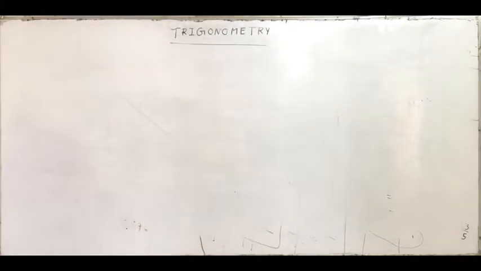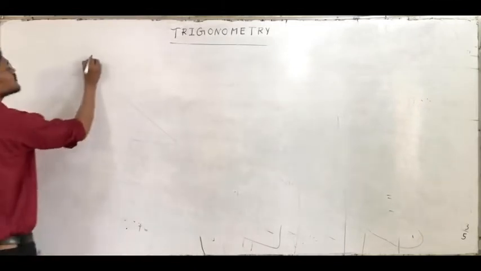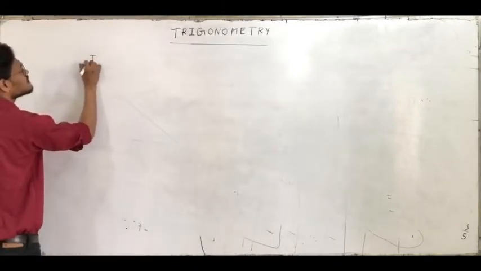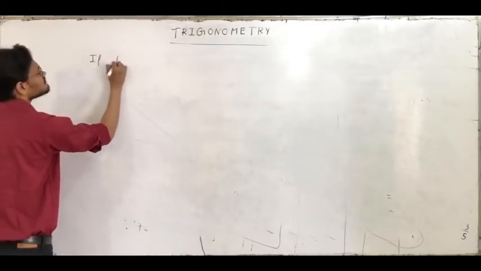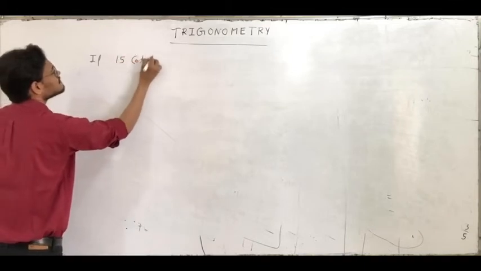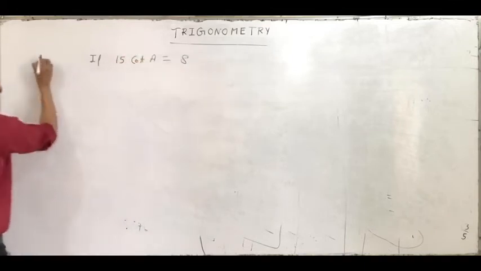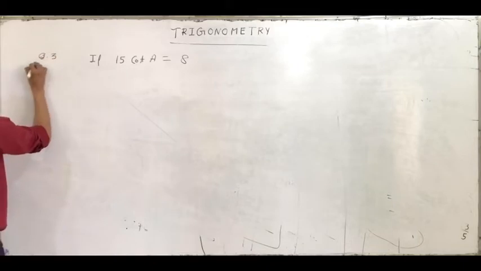Let me take one more question. A question can be asked in this way also. Suppose you are given that 15 cot A is equal to 8. It's your question number 3.